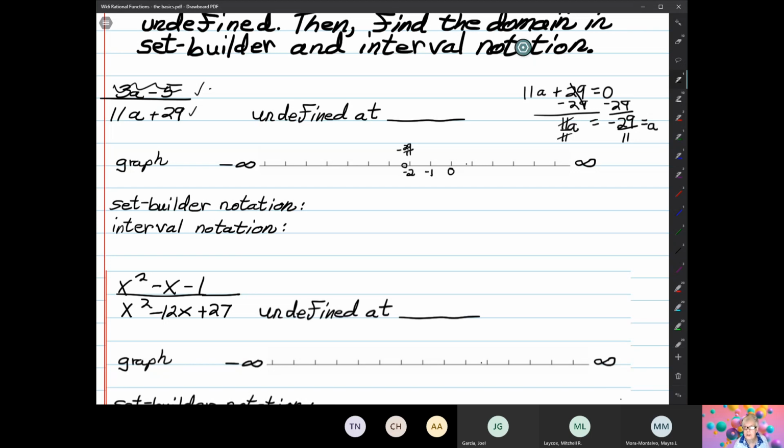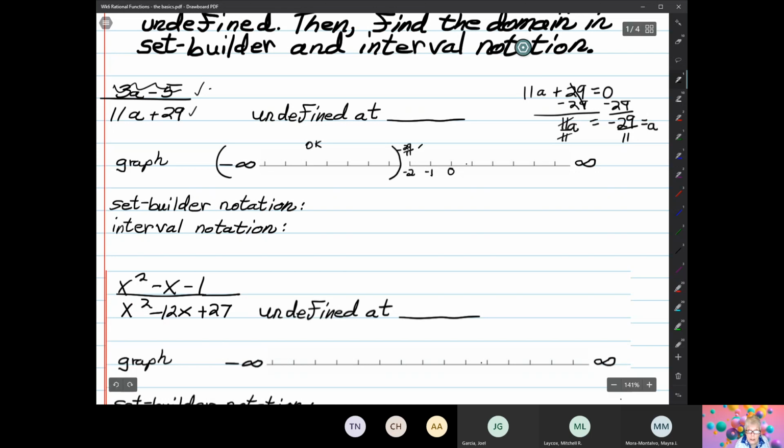Now, there's no way to make it exact. So I'm even going to take my little white pen over here and put it in there. So I have a hole there. Do you see it? It's kind of an ugly hole. And now what this says is that all of the numbers on the left of negative 29 over 11 are okay. I can use those because they don't make the denominator 0.